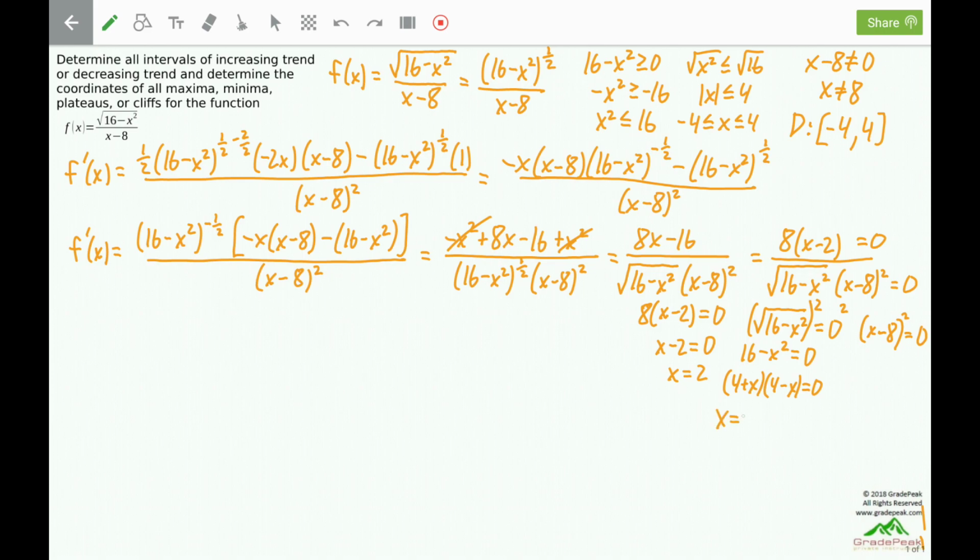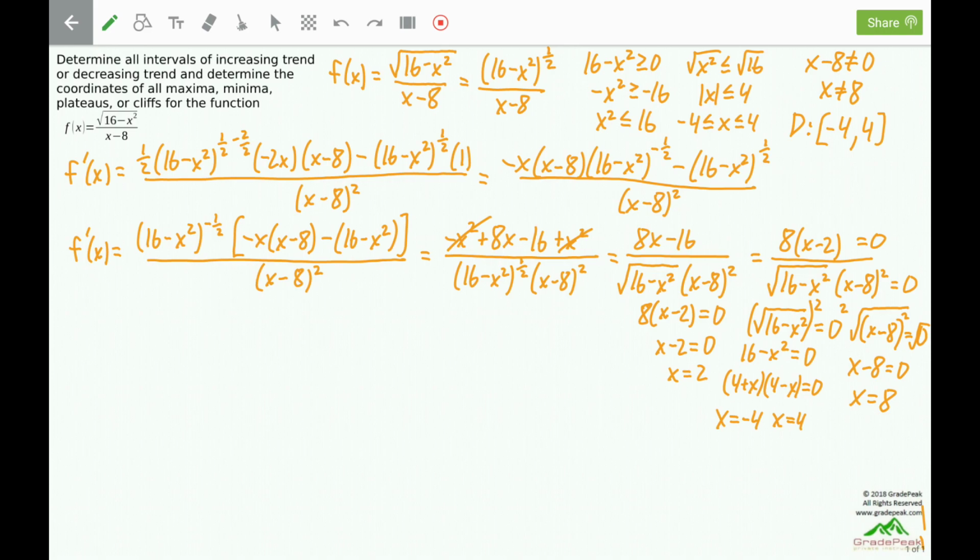And solving, x will equal a negative 4, and x will equal a positive 4. Now working with the x minus 8 quantity squared, we can take the square root of both sides. The square root and the square cancel each other out. That'll leave behind an x minus 8, and the square root of 0 is 0. We can add 8 to both sides, and x equals 8.